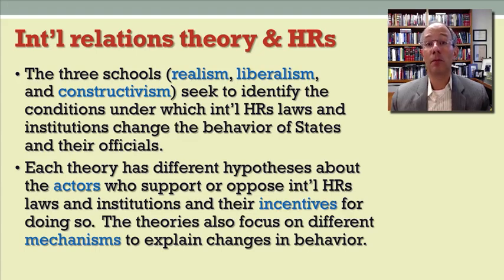for human rights. And I think what's most interesting about these theories is that each of them has a different set of hypotheses about the actors who either support or oppose international human rights, as well as their incentives for opposing or supporting international human rights, and also theories about the mechanisms that can be used to explain how these rules and institutions do or do not change the behavior of governments.